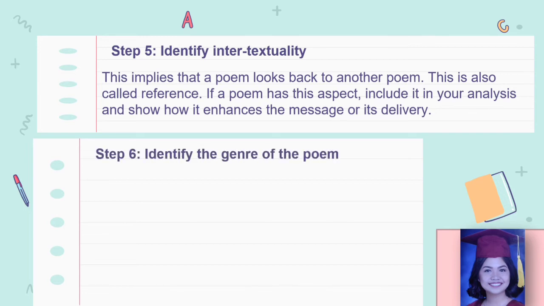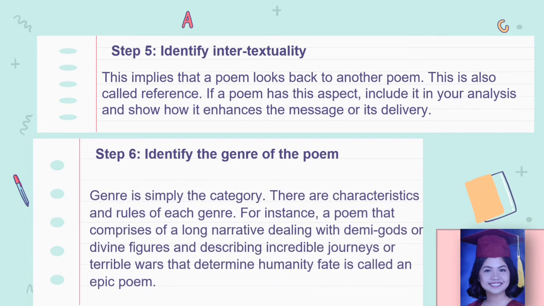Step 6. Identify the genre of the poem. Genre is simply the category. There are characteristics and rules of each genre. For instance, a poem that comprises a long narrative dealing with demigods or divine figures and describing incredible journeys, or terrible wars that determine humanity's fate, is called an epic poem.